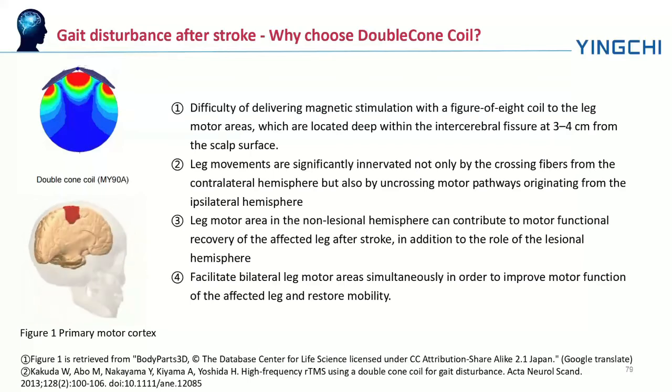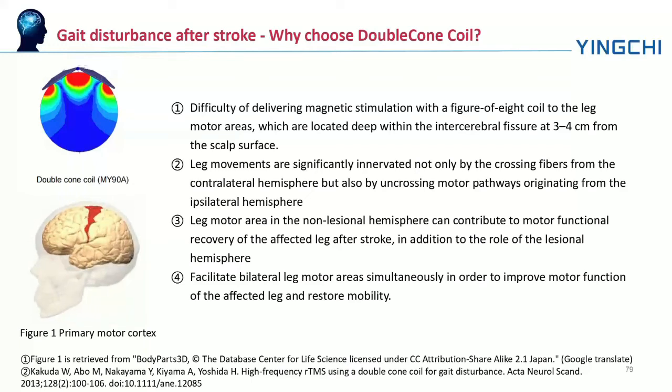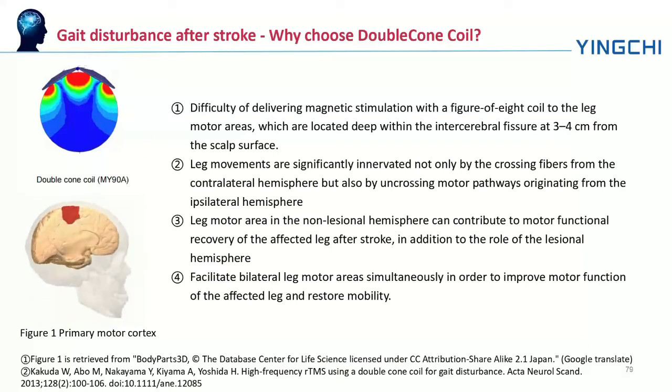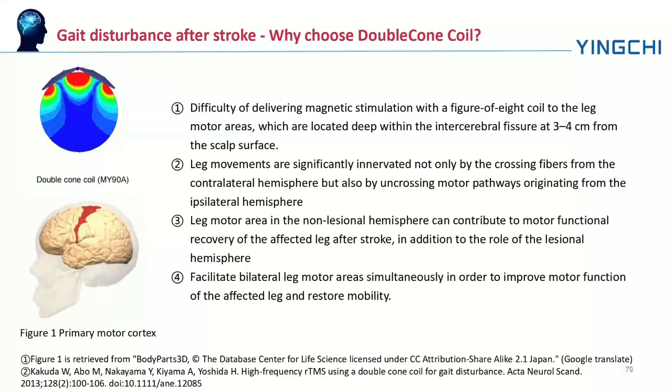However, the beneficial effect of rTMS delivered with a figure-of-8 coil on walking function after stroke has hardly been reported. This is probably due to the difficulty of delivering magnetic stimulation with a figure-of-8 coil to the leg motor areas, which are located deep within the interhemispheric tissue, 3 to 4 centimeters from the scalp surface.